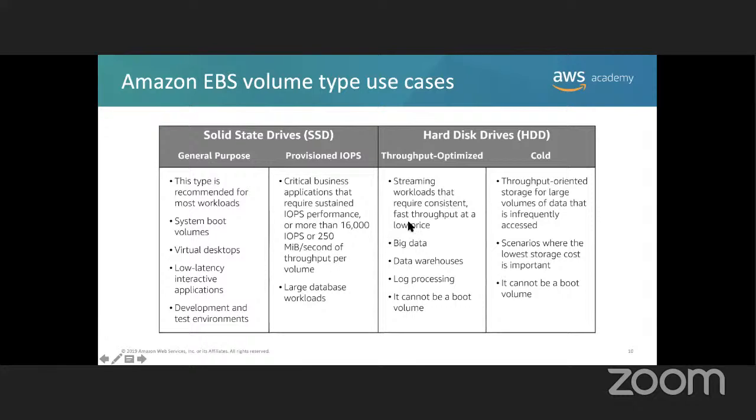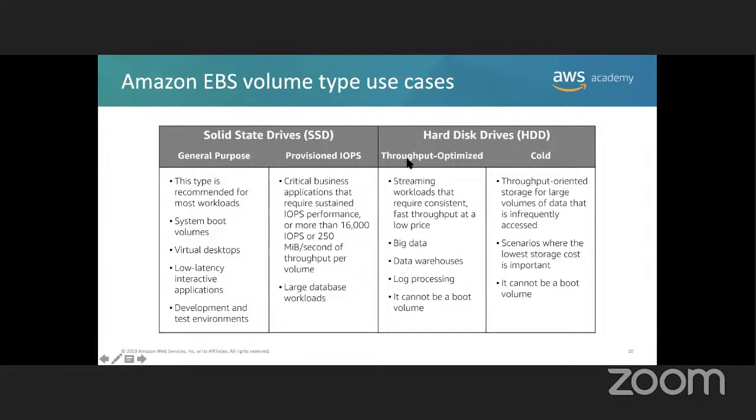Now, this is for sustained IOPS performance. Guys, the keywords for the exam come from this table here. So we have sustained IOPS performance right here, and here consistent fast throughput. Okay, so consistent fast throughput, that could be a keyword for throughput optimized.